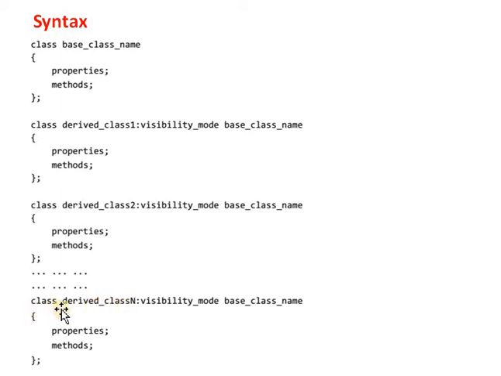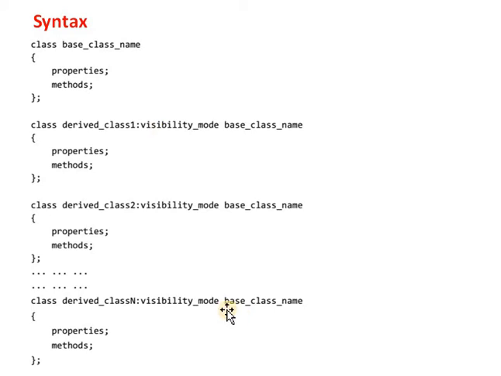Class keyword. After the class keyword, here we are writing a derived class and final derived class. Then we are using a colon operator. After the colon operator, here we are specifying a visibility mode. The visibility mode is defined for each and every class separately.